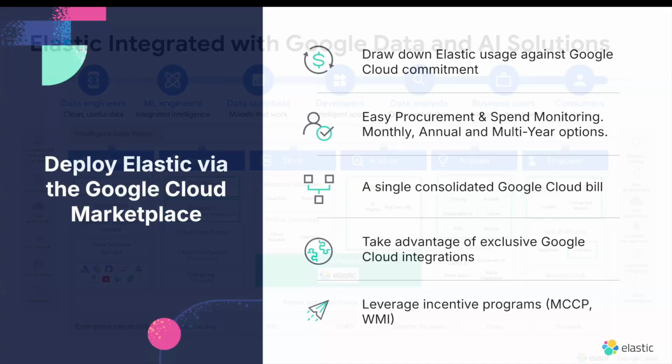As a customer, you can burn down your commit. If you're a Google Cloud customer and you want to use whatever you committed to Google Cloud, you can use those credits to purchase Elastic. And also, you get one bill. You don't need to deal with two different vendors for your purchase orders or billing. It's one unified experience when it comes to purchasing different products from Google Cloud.